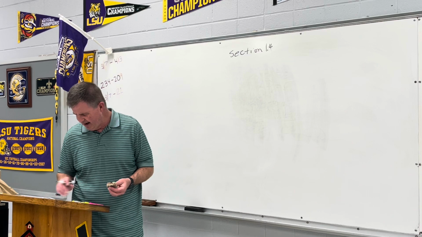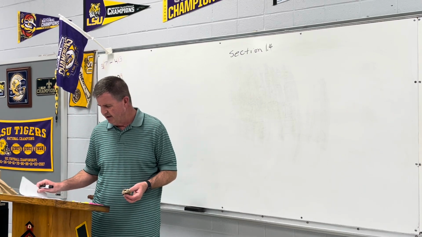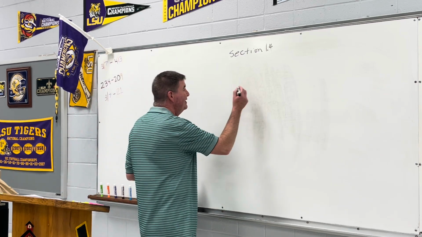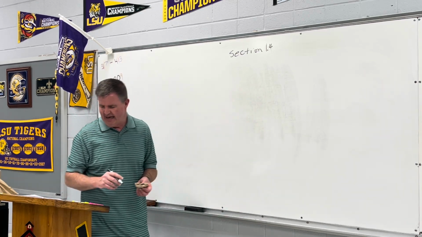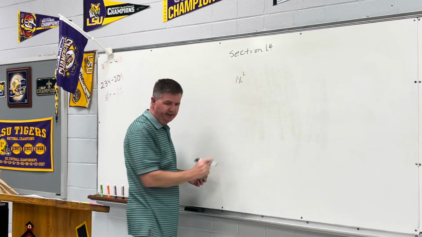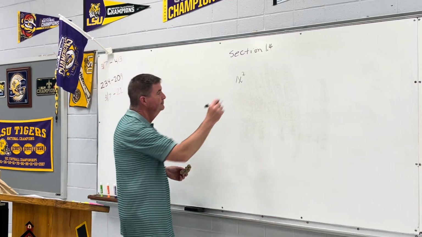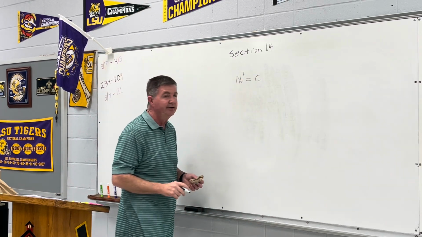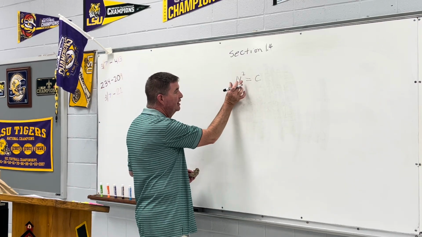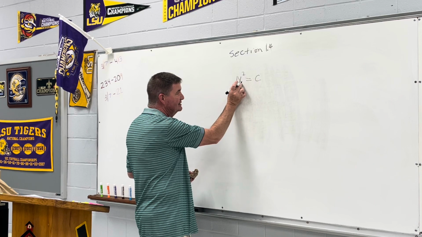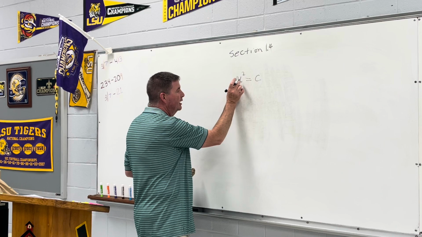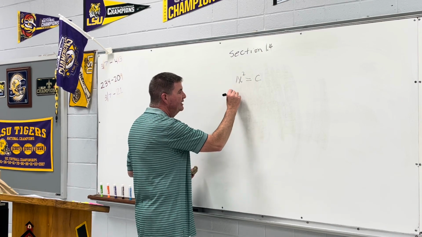Another method that they have is the square root method. That method says that if we have x squared equals c, meaning x squared equals a number, then in order to undo the square, with x isolated, we take the square root.